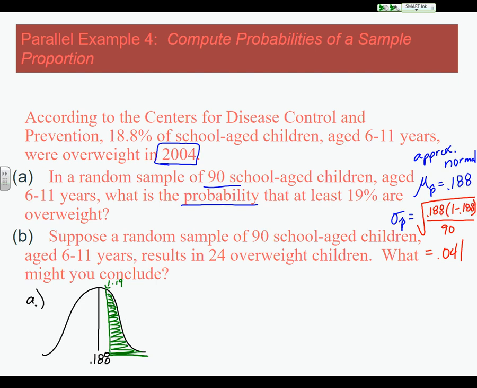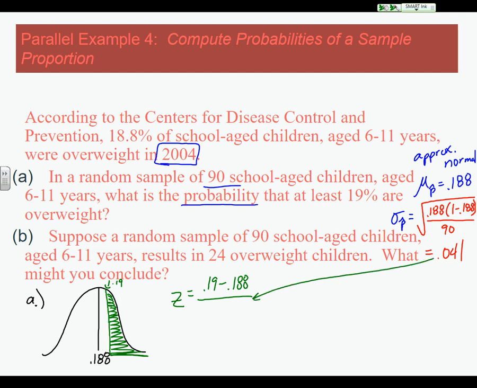Well, first thing I need to do is normalize my data. I need to get a Z-score for it. Now, if you're using a graphing calculator or the graphing calculator app on your phone, you can just go straight in and plug these numbers like we showed last week. But I'm willing to bet most of you are going to be using a table, so I'm going to need to normalize all my data first. Now, I'm going to divide that by the standard deviation.